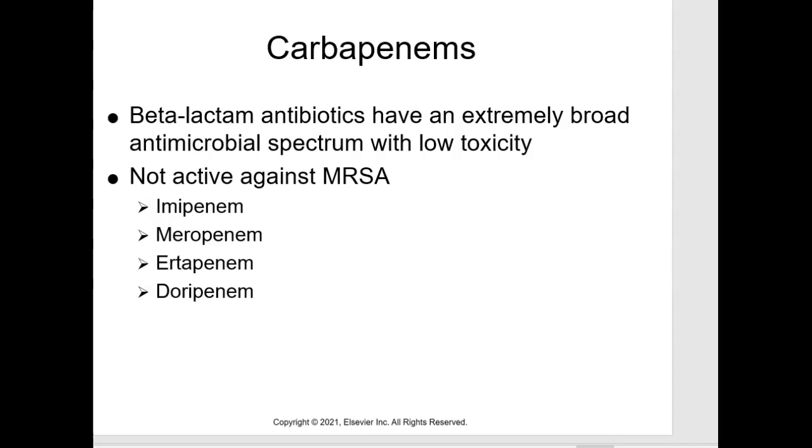To delay development of resistance, again, telavancin should be reserved for treating vancomycin-resistant infections or for use as an alternative to linezolid, daptomycin, or tigecycline in patients who cannot take those drugs. It's not your first choice drug. It's used very specifically. We're trying to hold on to it and decrease the rate of resistance.